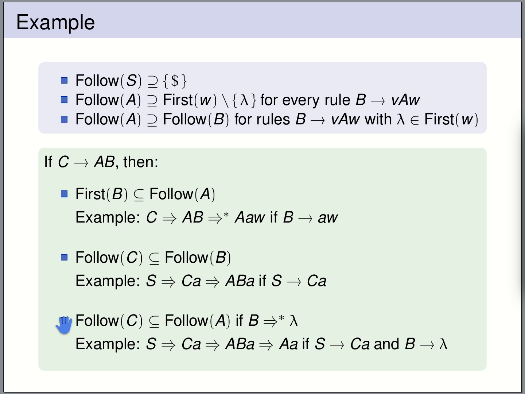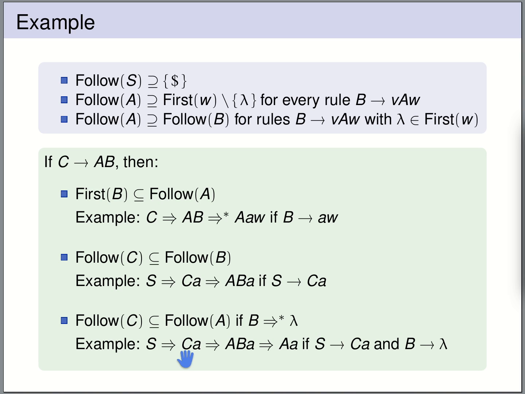The third example illustrates also the third clause, but now slightly more involved, namely that everything in follow of C must also be in follow of A if the variable B is erasable. For example, assume that we have a rule S rewrites to CA and B rewrites to lambda. Then we have the following derivation.